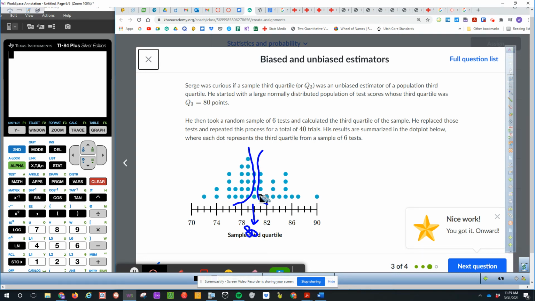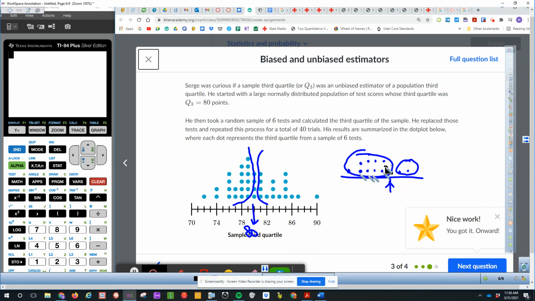However, because it's in the middle of the distribution, it's fine. Now, I'd be more worried if you have something that looks like this. If here is your population parameter, is this centered in the middle? No, right? There's more here compared to here.